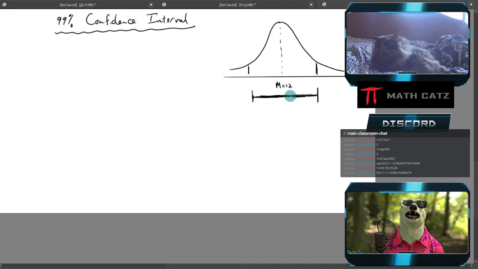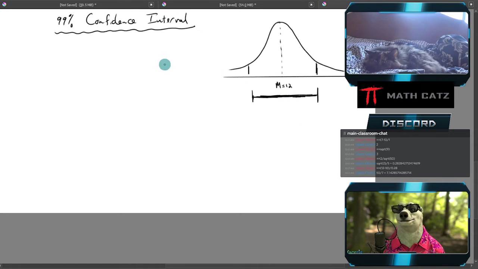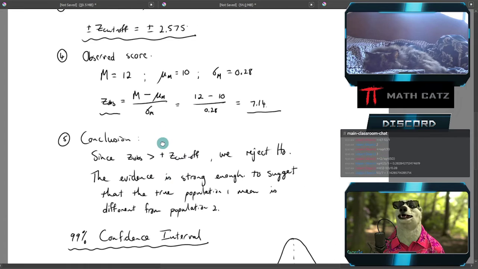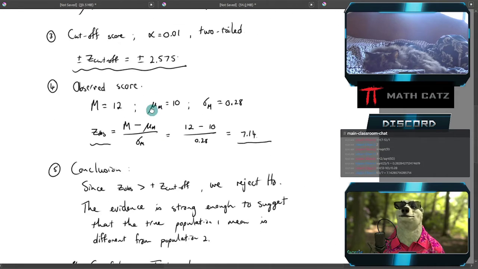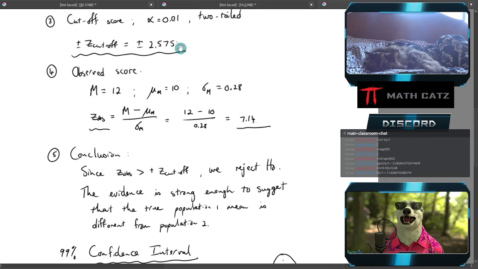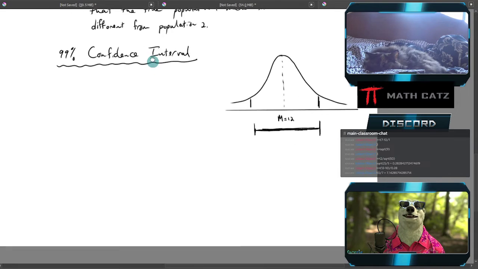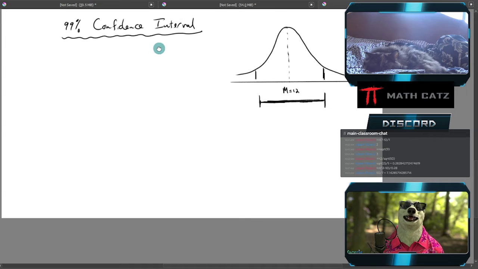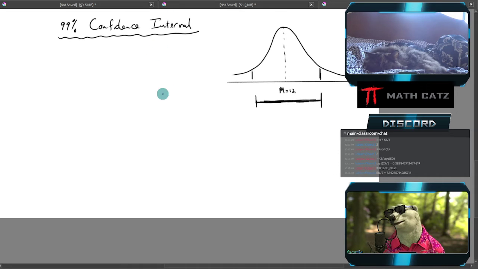So we can't say that it's 12. So we spread our net a little bit wider using a confidence interval that we choose, and we chose 1%, or 99%. This matches the confidence level of the hypothesis test. We chose an alpha of 1%, so the confidence interval will be constructed as a 99% confidence interval as well.